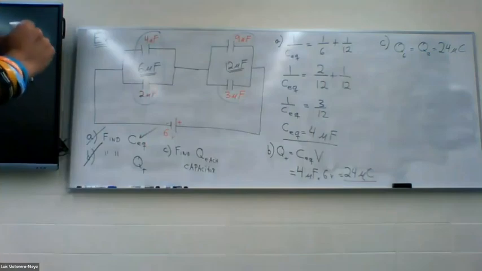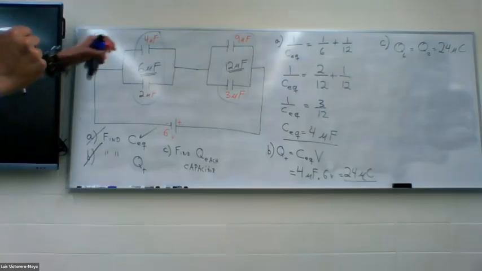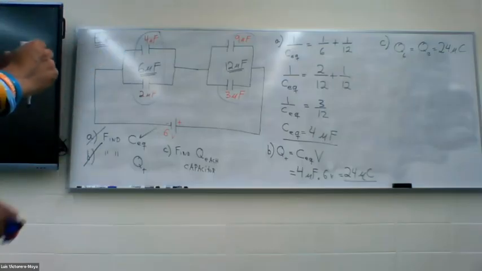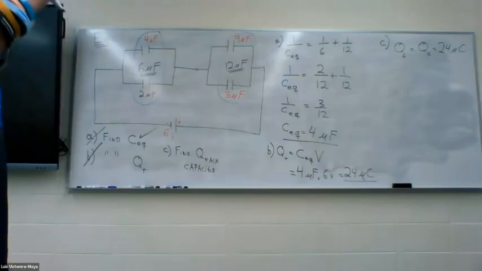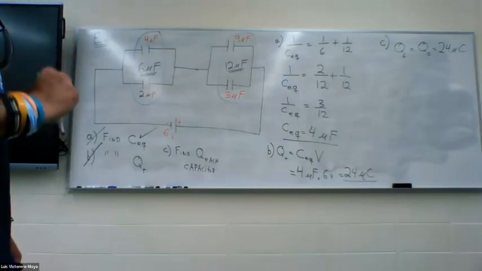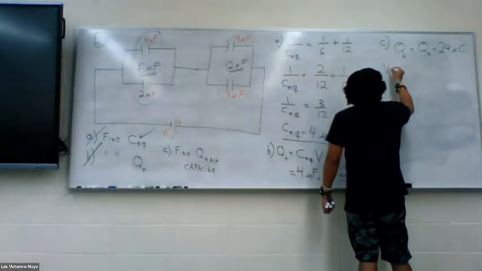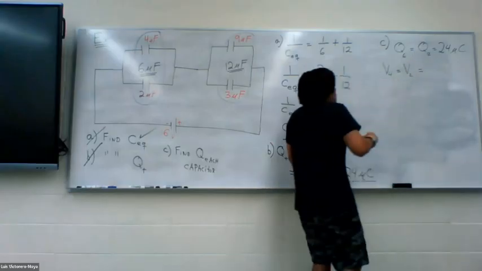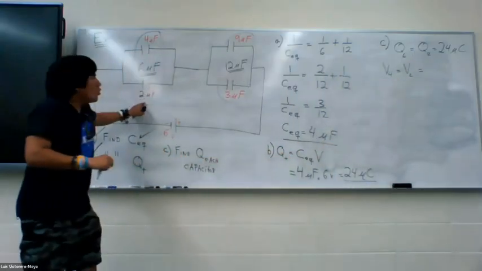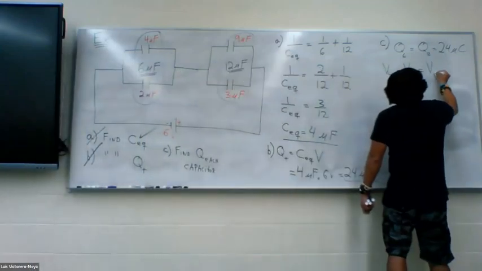So if that's the case, then you can use that to split the charge among 4 and 2 and 9 and 3. Let's start with 4 and 2. 4 and 2 are in parallel. Whenever you have capacitors in parallel, the voltage is the same. So like this, now you say that the voltage on 4 is equal to the voltage on 2. And what's the voltage on 4 and on 2? It's the voltage on 6. And what's the voltage on 6?